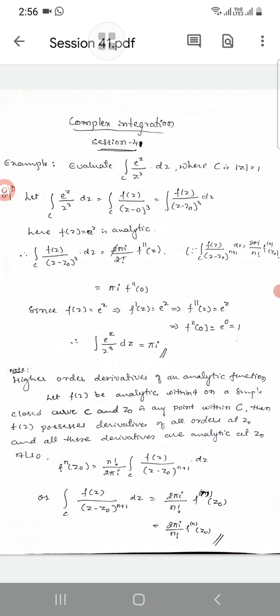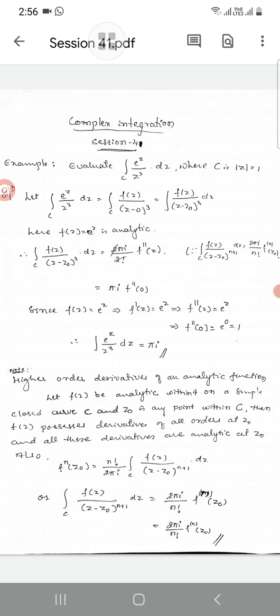In this case, the derivative of the function is analytic at the point z0, and it is defined as the integral over C of f(z) divided by (z minus z0) to the power of n plus 1, dz, is equal to 2 pi i divided by n factorial, times f to the power n of z0.